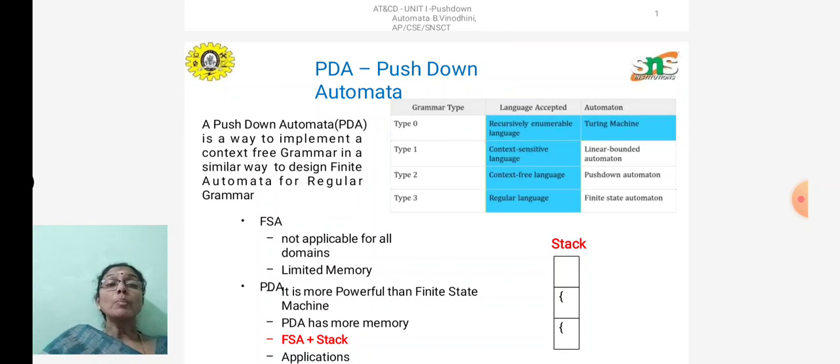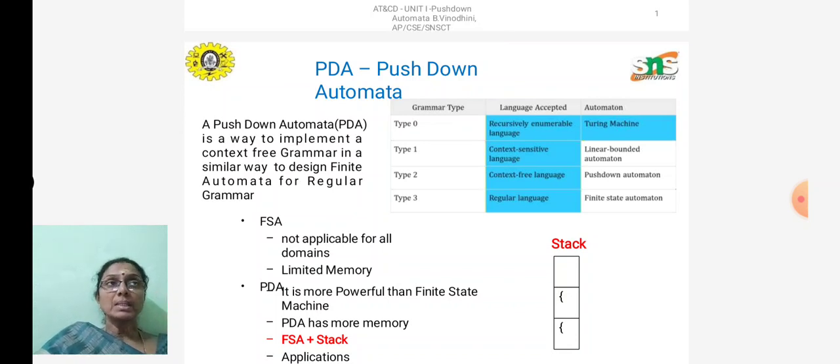That means the number of a's should be equal to the number of b's. We cannot do that type of language in a finite state automata, because in a finite state automata we don't have a stack memory or temporary memory. We have a limited memory.